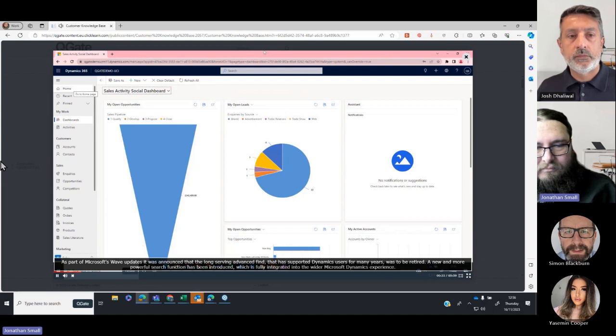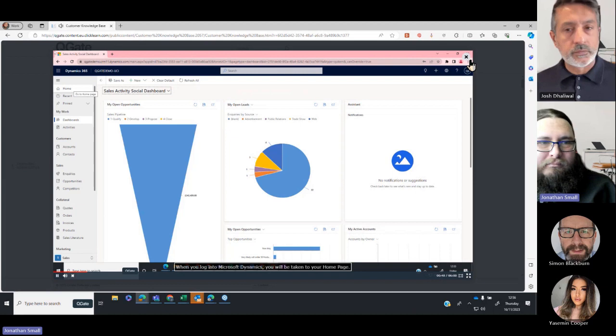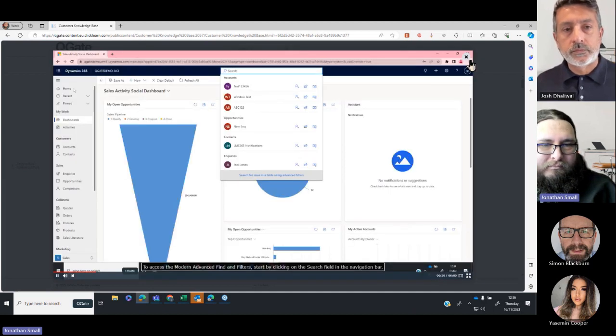A new and more powerful search function has been introduced, which is fully integrated into the wider Microsoft Dynamics experience. When you log into Microsoft Dynamics, you will be taken to your home page. To access the modern advanced find and filters, start by clicking on the search field in the navigation bar.